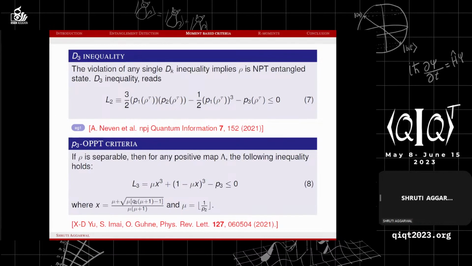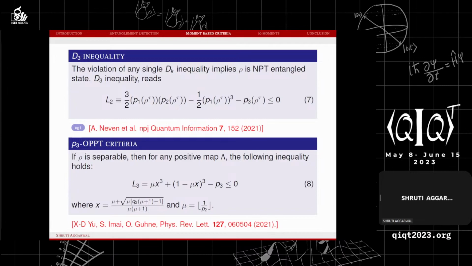Another criteria was given in the form of D3 inequalities, DK inequalities, where the smallest one is the D3 inequality, given in equation number 7. Again, it holds for all PPT states, and if it is violated, then the state is entangled.